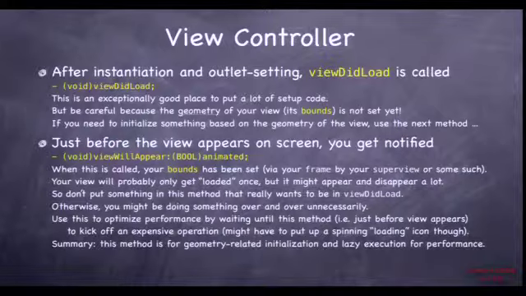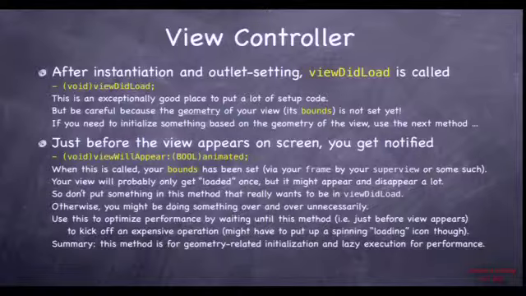So viewWillAppear is a good place to start off something that's expensive. All right? But you want to be a little careful. If it's something that's expensive in terms of time, it's going to take a long time to run, well, you don't want to do it in viewWillAppear. You probably want to start it off in another thread in viewWillAppear, and then in your view have a little spinning wheel. Right? So you see this in iPhone apps.